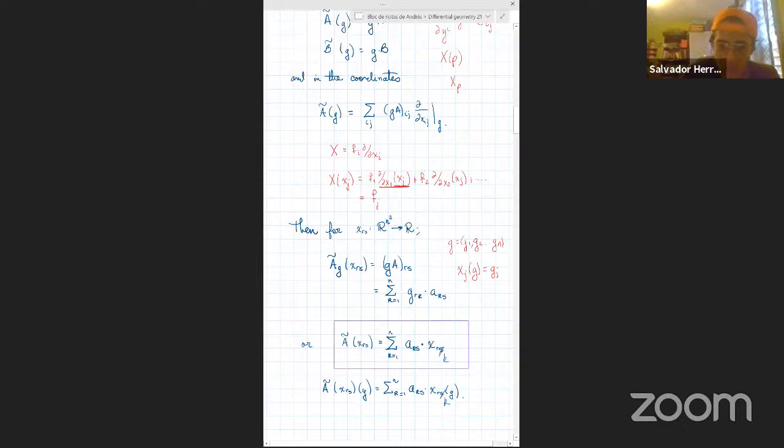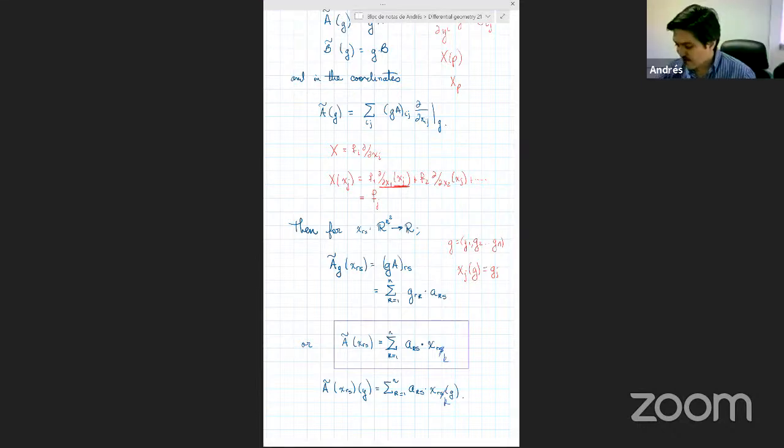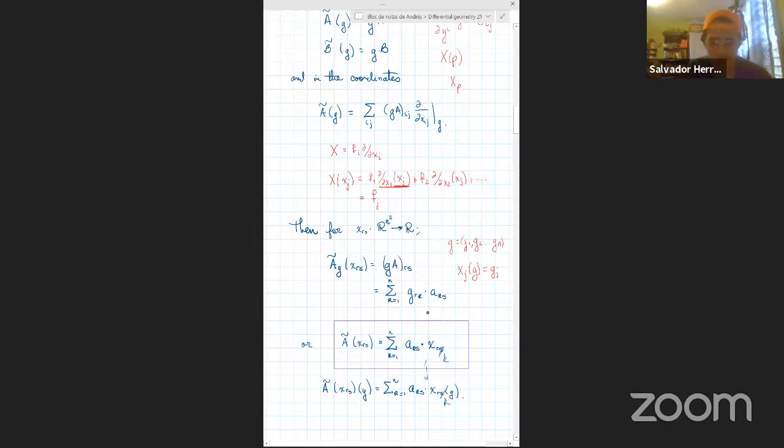So here we are going to change the order of the multiplication, right? In the terms, G times A, we change it to A times G below. So this is correct, right? Here, the order is important because this is a matrix product. Here, this is the product of real numbers, so the order doesn't matter. They commute. The only reason that I changed this was to have a constant here and a function here.